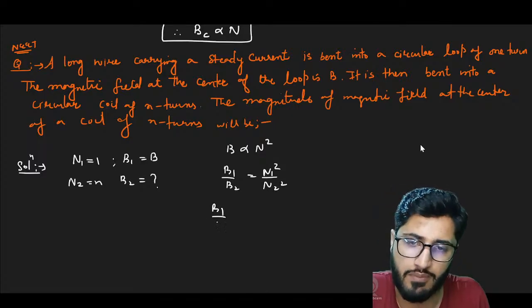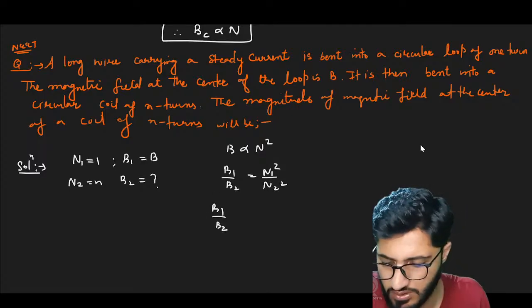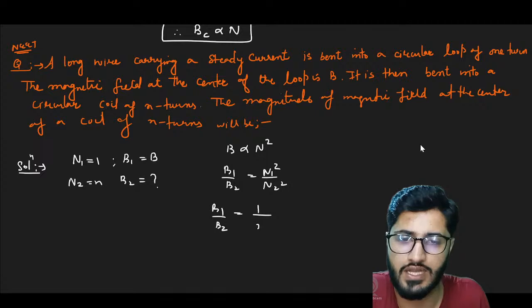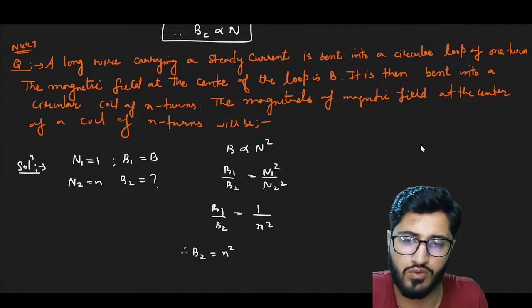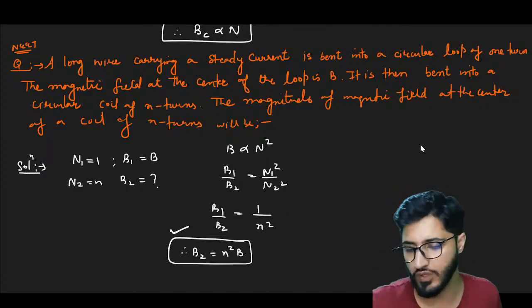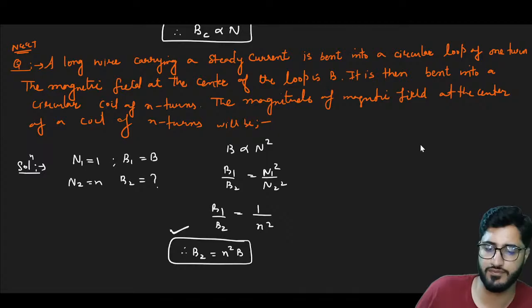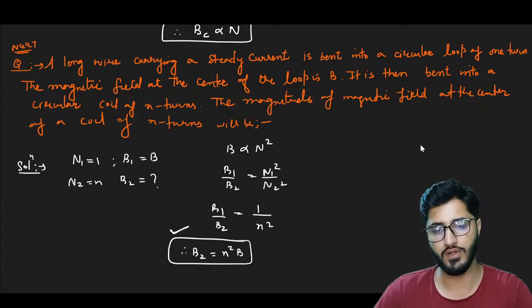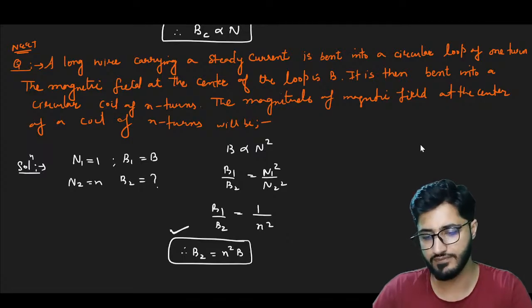N1 is 1, N2 is N, so N square. Therefore, B2 came out to be N square times B only. Within 20 seconds, you can get your answer.